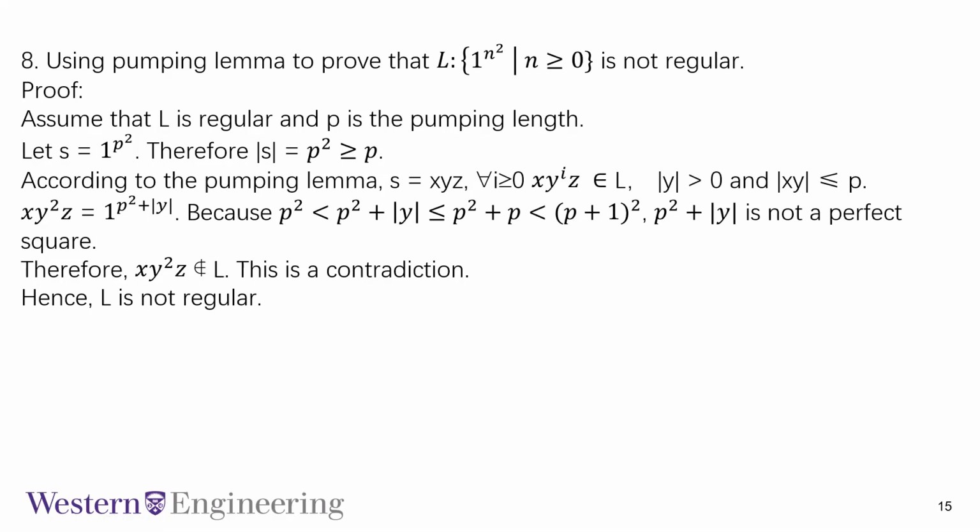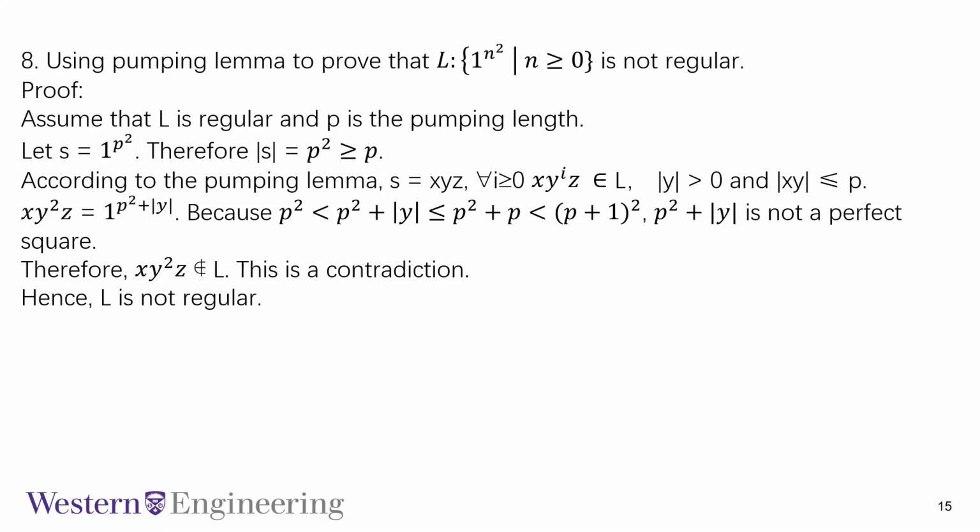According to the pumping lemma, S can be divided into X, Y, Z, and the three conditions need to be satisfied. And XY squared Z equals 1 to the P squared plus |Y|.